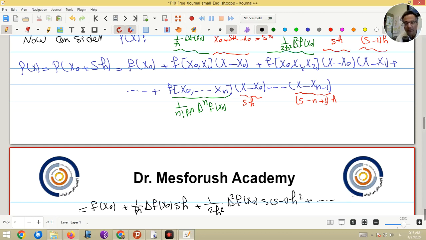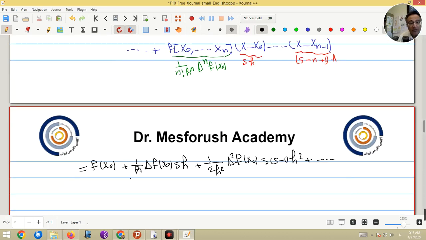And let me continue in the same manner to get for this one 1 over n factorial h to the power of n delta n f of x0, and here I will get s times s minus 1 times up to s minus n plus 1, and I have n h's multiplied by each other, so I will get h to the n.